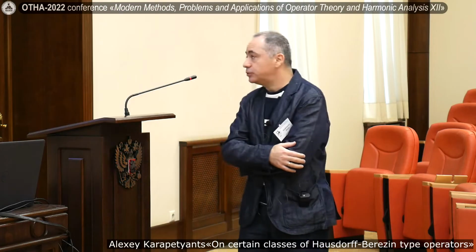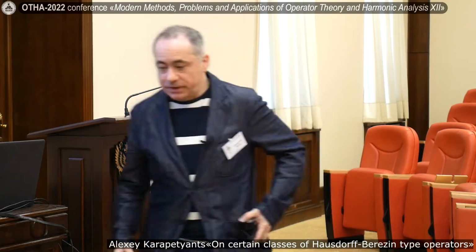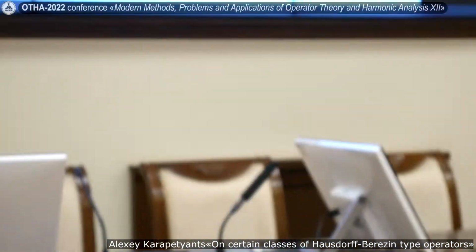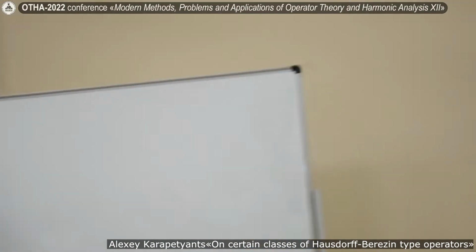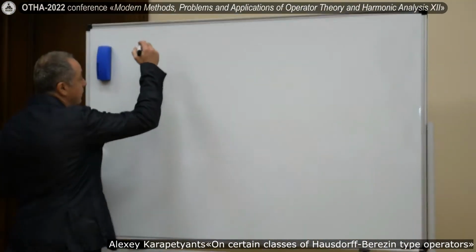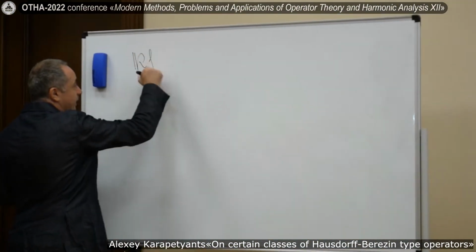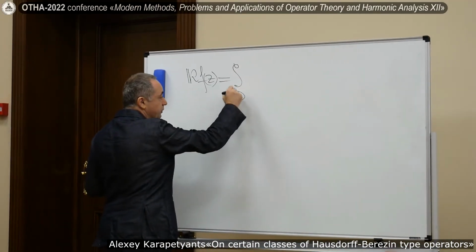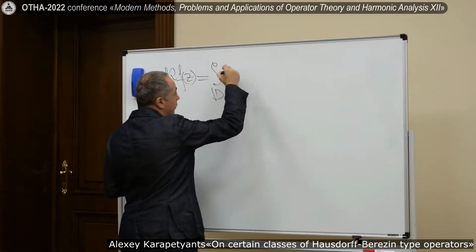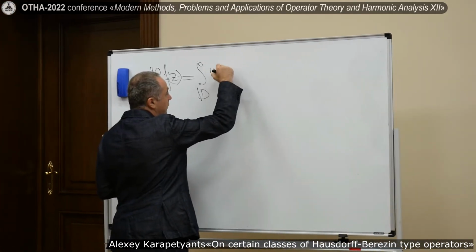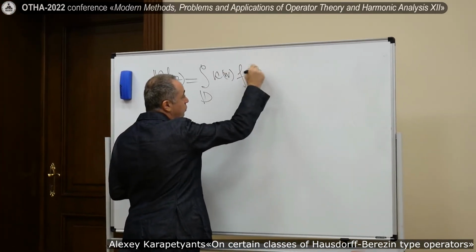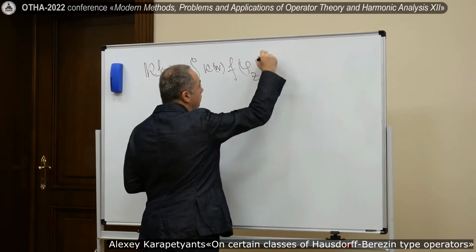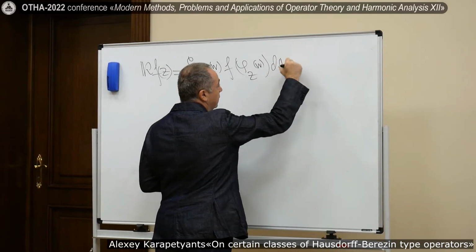Just to show you what I have in mind when I speak about Hausdorff-Berezin and Hausdorff-Zhu operators, let me write some formulas. The operator K applied to a function f at the point z equals the integral over the unit disk of the kernel K(w), f of the Möbius transform phi_z(w), dA(w).